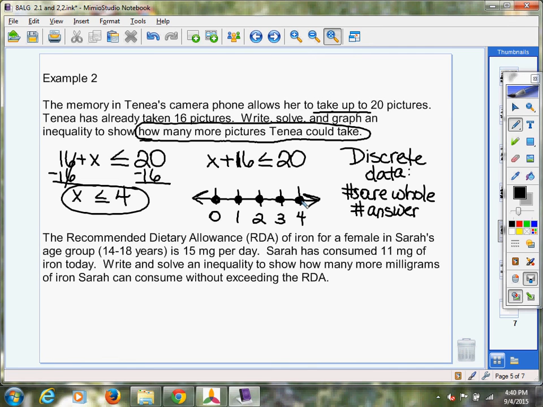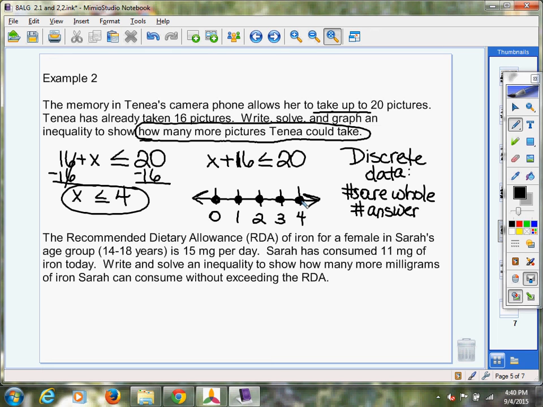So we would do filled-in circles, no line connecting them, because a line connecting each of these points indicates that all the answers in between 0 and 1 are part of the answer. So if I connect 0 to 1, I'm saying I could take half a picture, 1/3 of a picture, 3/5 of a picture. I'm saying all those numbers in between are possibilities, when in reality, they are not.